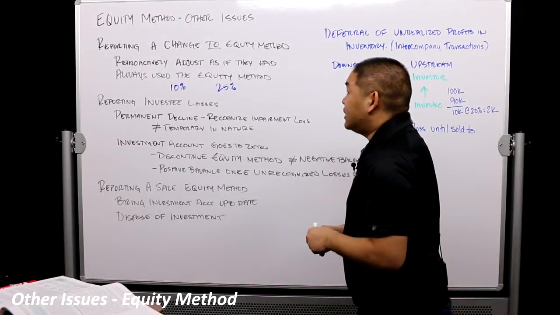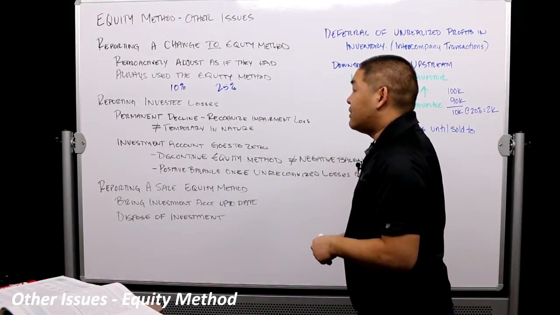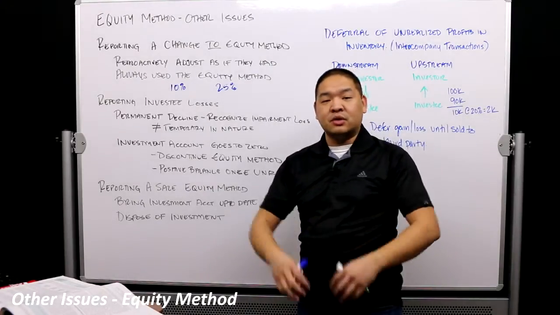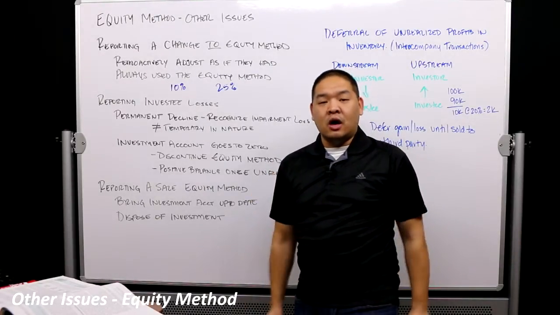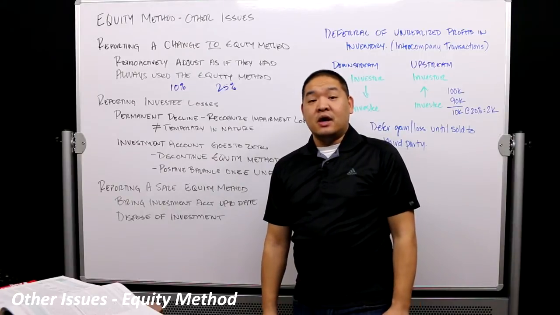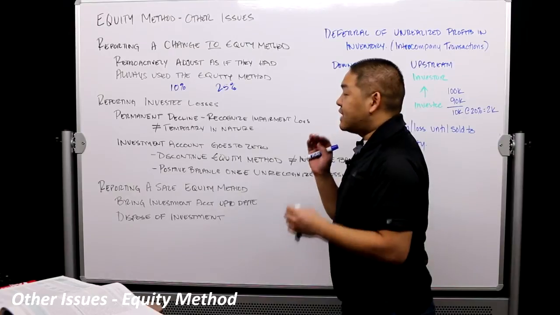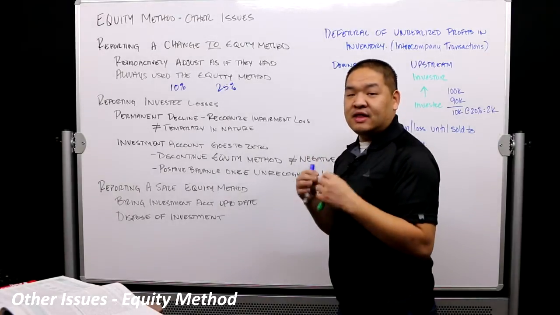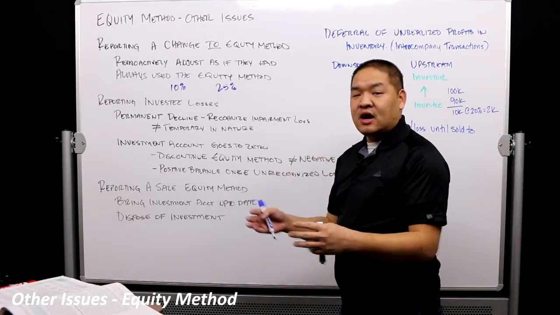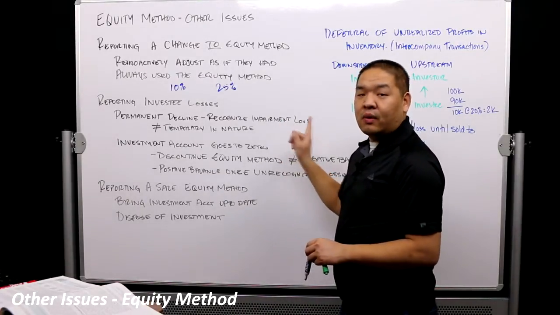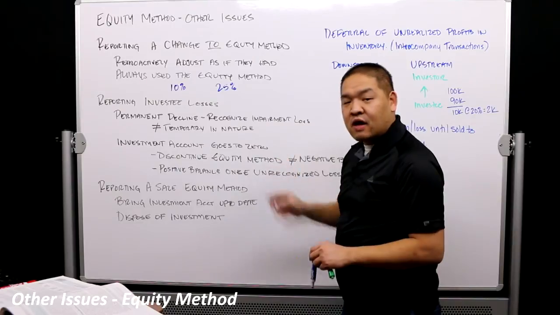The other issue that you might come up with the equity method is reporting investee losses. We talked about how to report them, so we're going to report the losses on our investment when they occur. However, if there is a permanent decline in the value of the investee, we may need to take an impairment loss, or recognize an impairment loss for the decline.